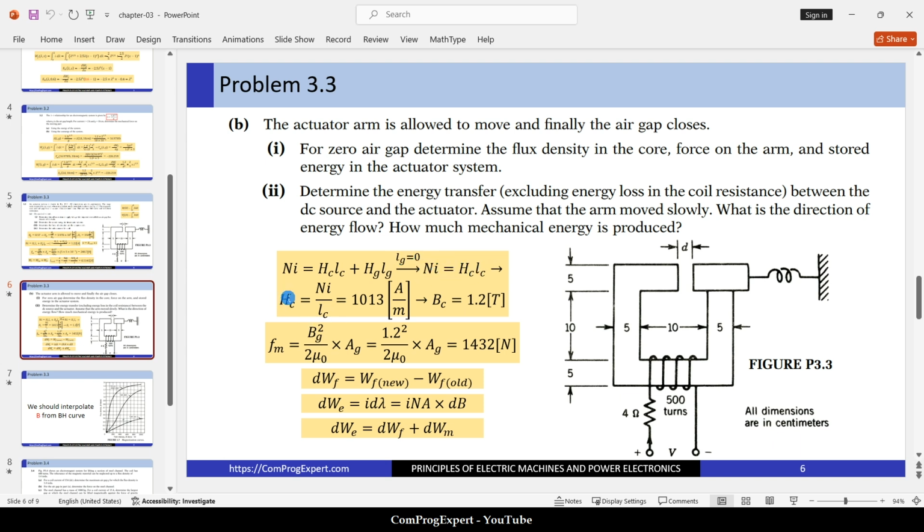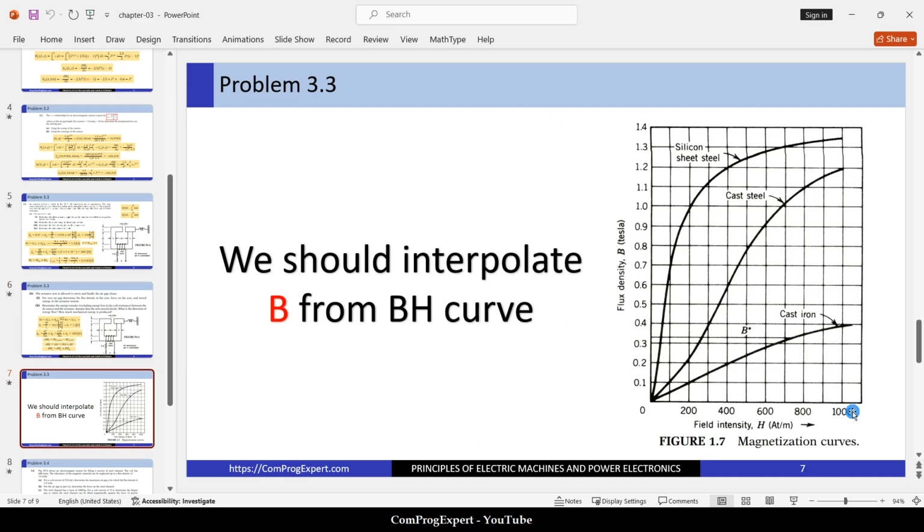So the value of the H inside the core is equal to this number, around 1000 ampere per meter. So for this value of the H, 1000, the value of the B will be 1.2 Tesla. Okay, this number.